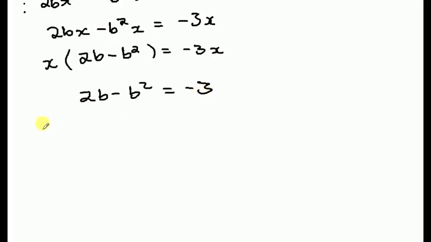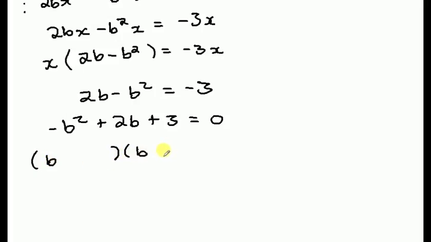So everything we are going to write accordingly, so our side will be negative b squared plus 2b plus 3. Remember, we took our 3 to the left hand side so that we can write it as a quadratic equation. So this one will be simple. That's the first one. So right now we factorize it. We write it in terms of brackets, so we'll be having b and b is equal to 0.